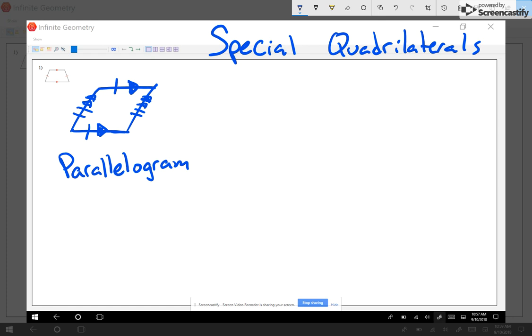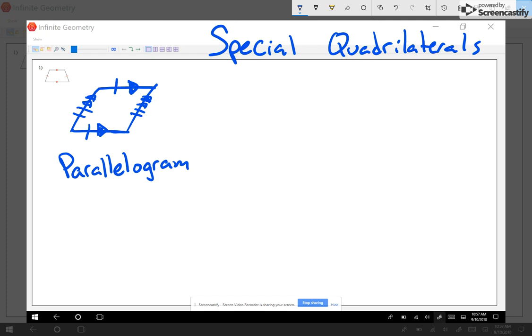Okay, so top and bottom are parallel and the same size. Left and right are parallel and the same size, but not all four. In geometry, to specify the same size, we're going to use the word congruent. When I say congruent, I'm talking about same shape, same size.